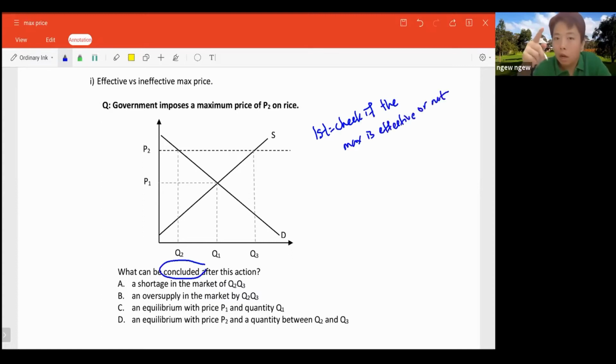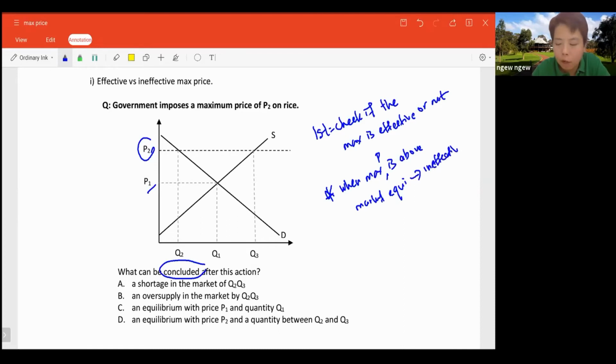So guys, if you recall, the maximum price should be placed below, but this maximum price is above equilibrium. Therefore, a conclusion is when the maximum price is above market equilibrium, this is basically ineffective. You are not helping.